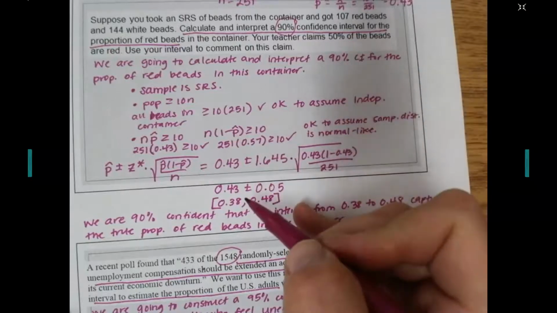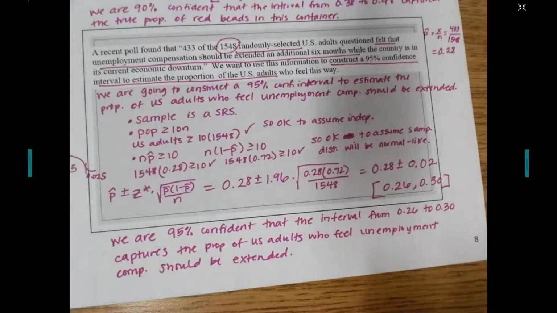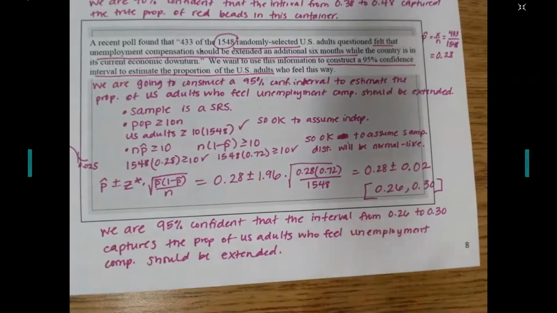Since 50% is not contained in this interval, it's not a plausible value, I'm thinking 50% is not correct, okay? So anytime you're given these values, now I'm not guaranteed that the truth is there, but I'm 95% confident in this case, right, that I've captured the truth by using this method, okay?